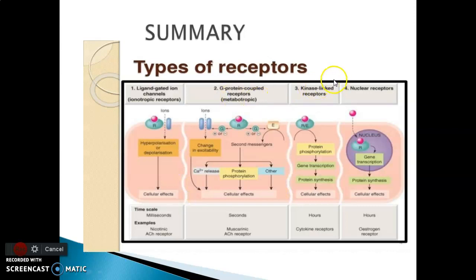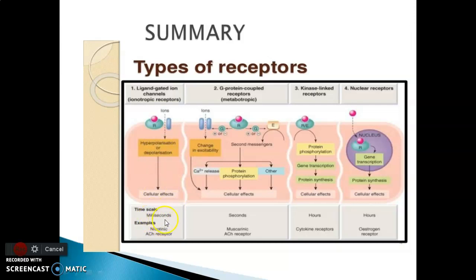Coming to the summary, we have seen four types of receptors: ligand-gated ion channels, also known as ionotropic receptors; G-protein coupled receptors, which are metabotropic receptors; kinase-linked receptors or enzyme receptors; and nuclear receptors, which are generally located in the nucleus. This is the time scale of how much time is needed to elicit the response.